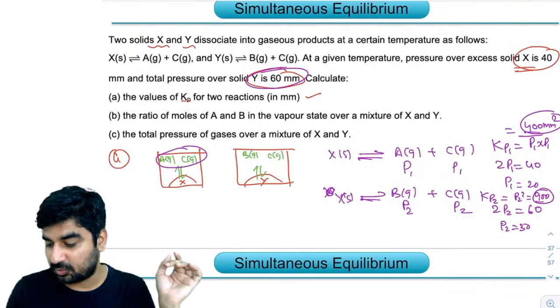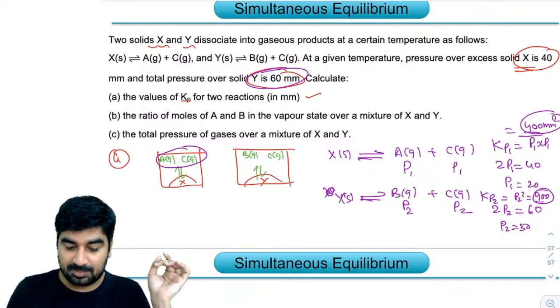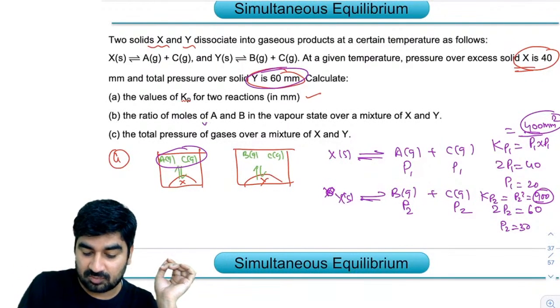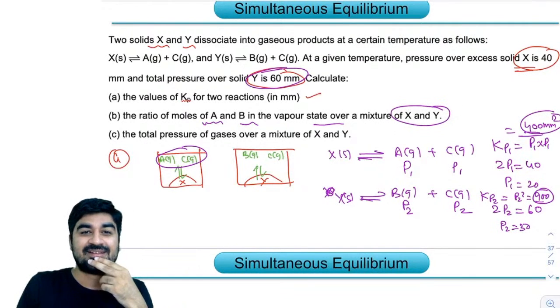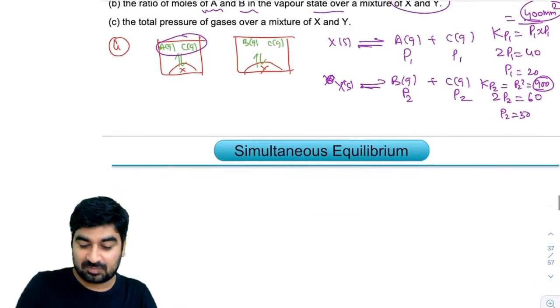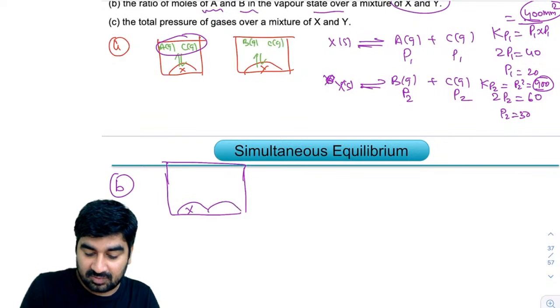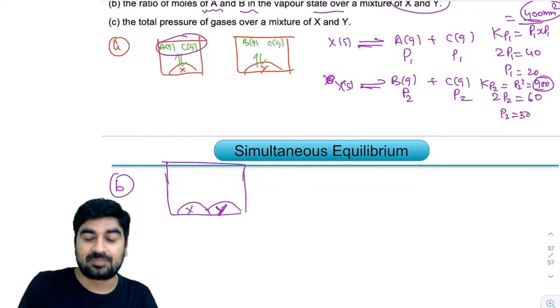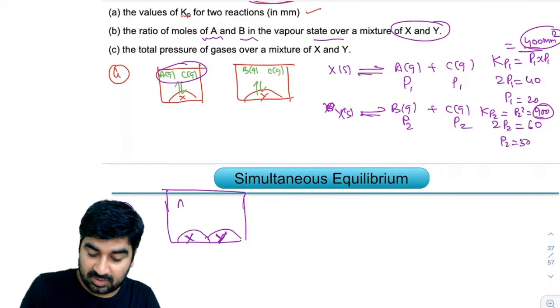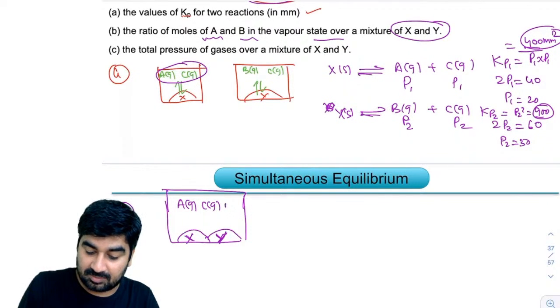No, it would not be 2:3. Okay, B you are saying. The ratio of moles of A and B in the final state over a mixture of X and Y. Now there is a problem, guys. Now what they are saying in the B part, they are saying we have taken X and we have taken Y. Now this has become a problem of simultaneous equilibrium, because X is giving you A gas and C gas, Y is giving you C gas and B gas.